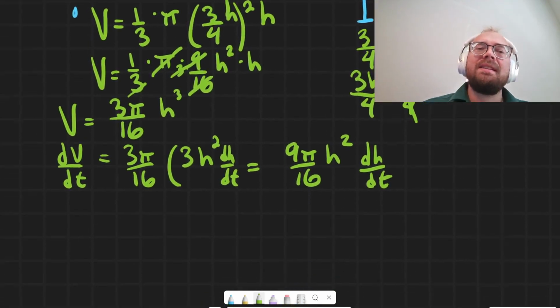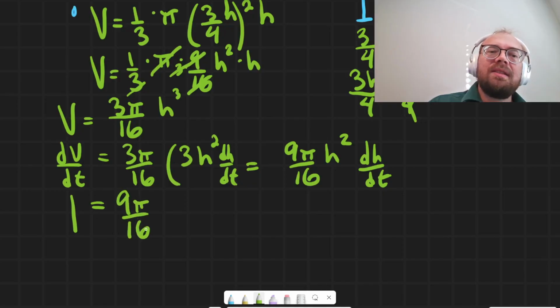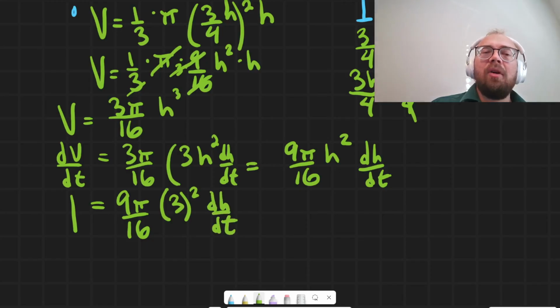So dV/dt is 1, and 1 is equal to 9 pi 16ths, and then h is 3, and then dh/dt. And I can multiply both sides by 9, and 9 times 9 is 81. So I'd need to divide by 81 and pi, and I need to multiply by 16.